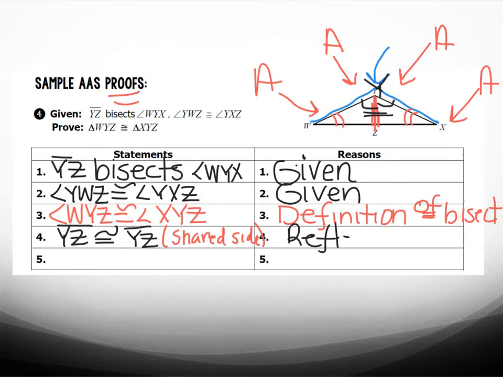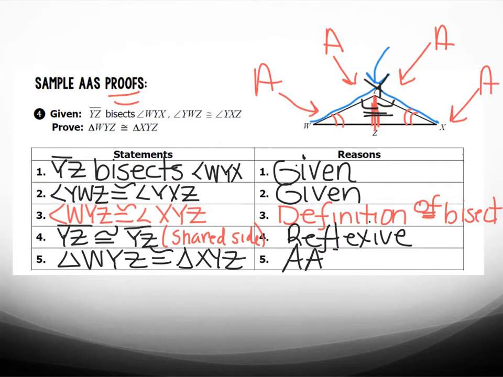That is the reflexive property. Now we have the triangles are congruent, which is what we were trying to prove: triangle WYZ is congruent to triangle XYZ. Which postulate or theorem can we use? The AAS, which is the fourth postulate for proving triangles are congruent.